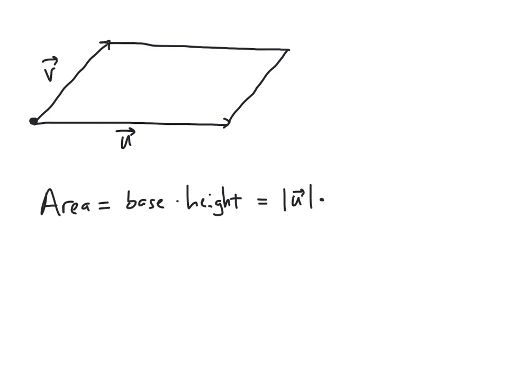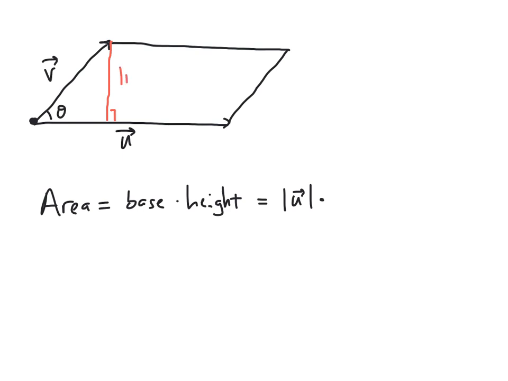Now we don't know the height as written, but what we can do is drop an altitude here from the top right corner. That will form a right angle. And if we let the angle between the vectors u and v be theta, then we know exactly what the height of this altitude is.